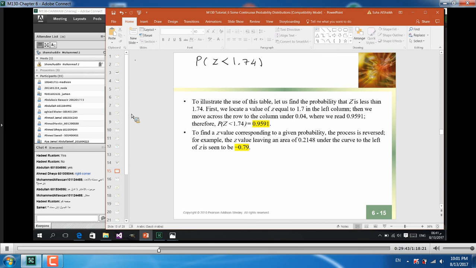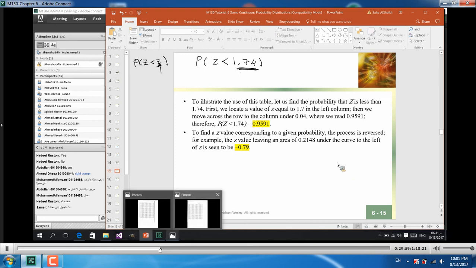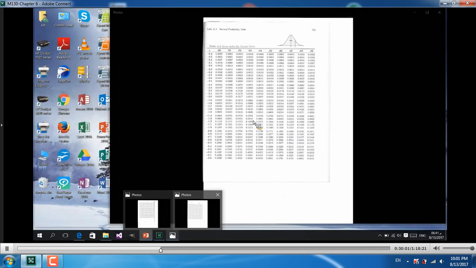The table gives me probability of Z less than Z. So what is the Z here? 1.74, right? So I need to go to the table and look for Z equal to 1.74 positive. So I will need the positive part of the table.